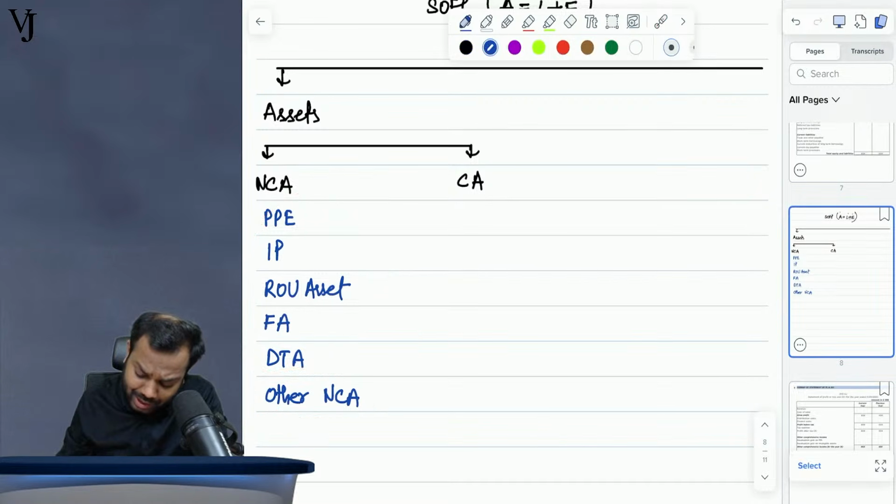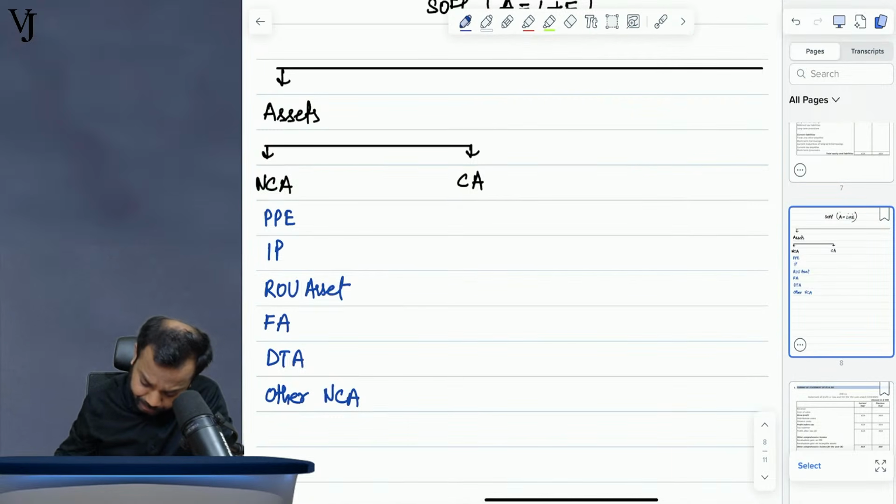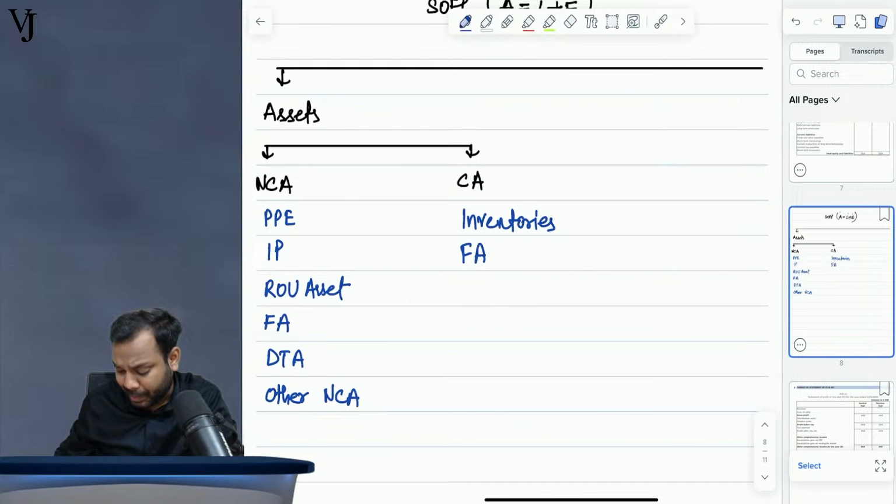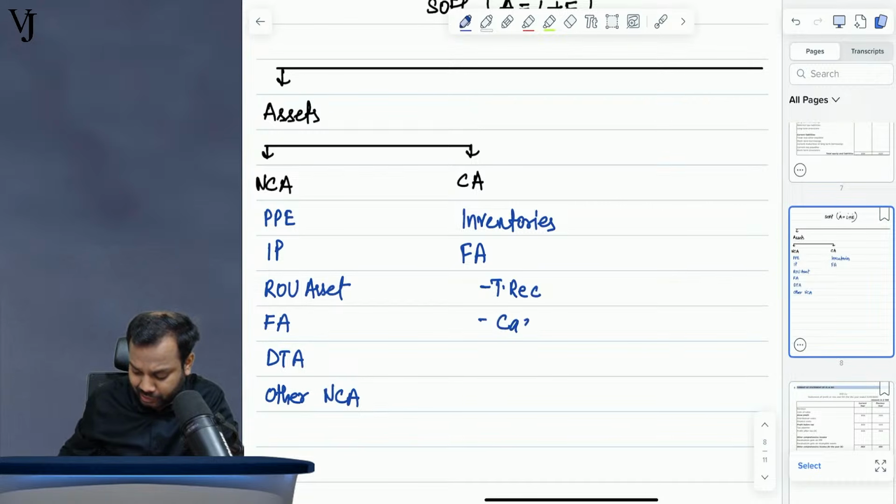What are current assets? Current assets can be inventories, then financial assets. Financial assets examples: trade receivables, cash or cash equivalents.